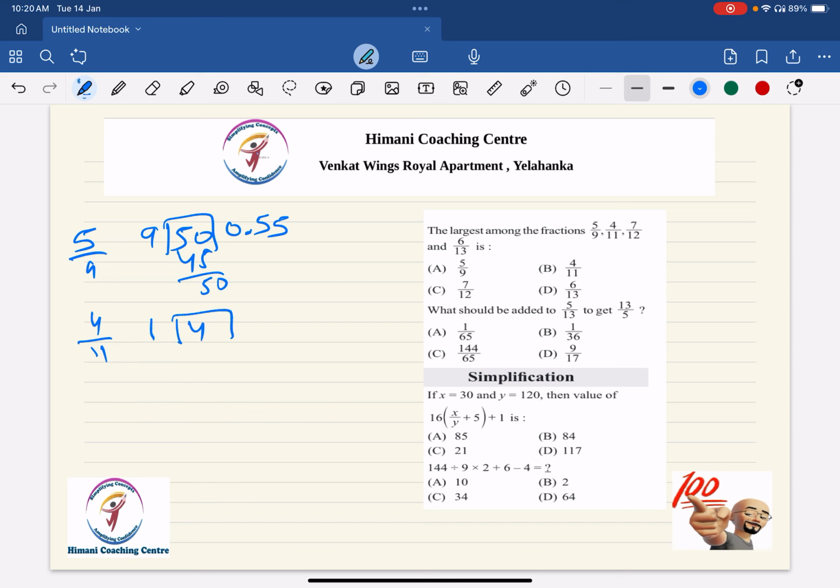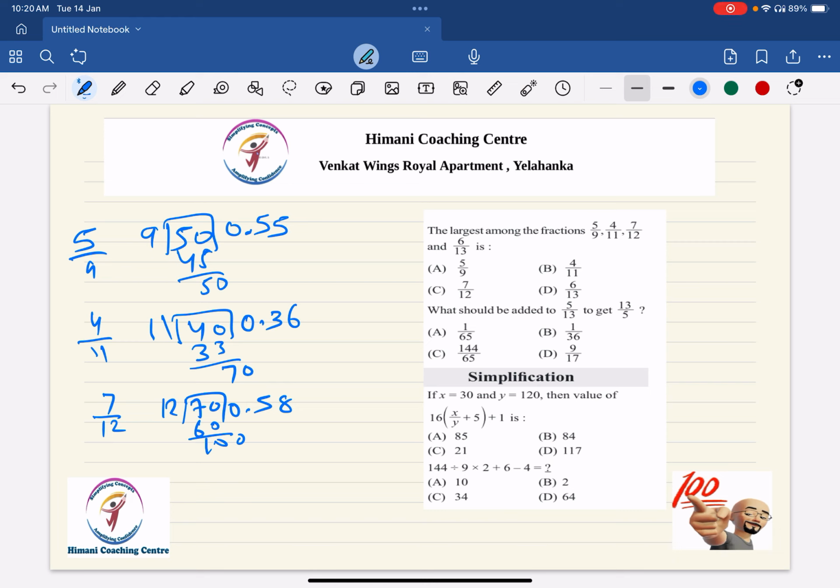So 4 divided by 11, put a 0, decimal, 11 threes are 33, then 40 minus 33 is 7, and so on. Then we have 7 by 12. So 7 divided by 12, again 0 point. Now in the table of 12, what happens? 12 fives are 60 and 12 eights are 96.